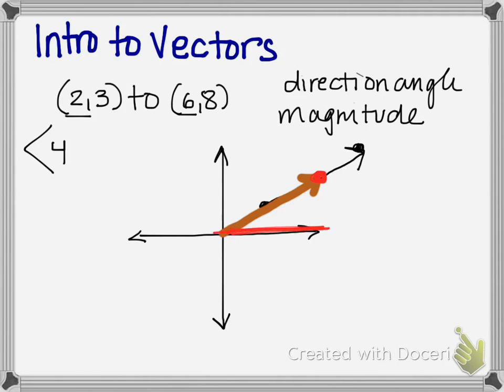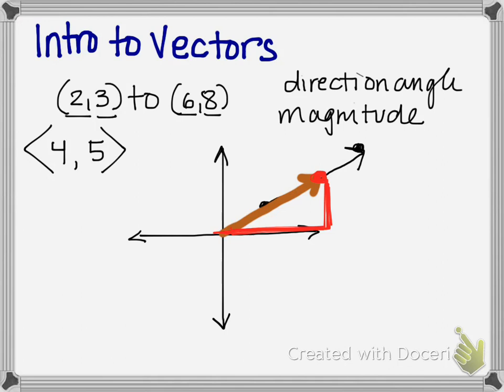And then when I go from 3 to 8, I'm going to be going up 5 units. And that'll be the vertical movement of this vector in standard position. And so there's the notation. The notation is <4, 5>. It looks like the coordinates of a point, right? But we have this notation with these brackets that kind of look like less than or greater than signs.